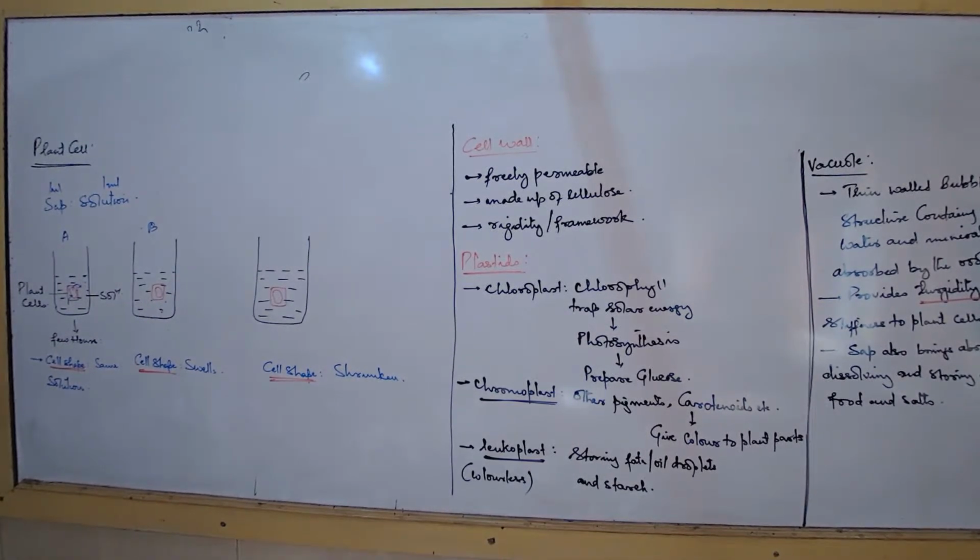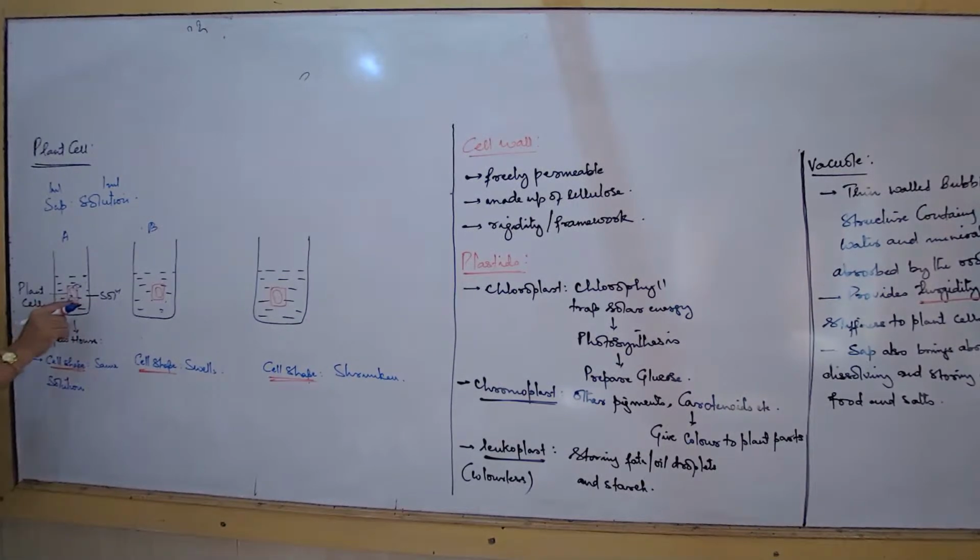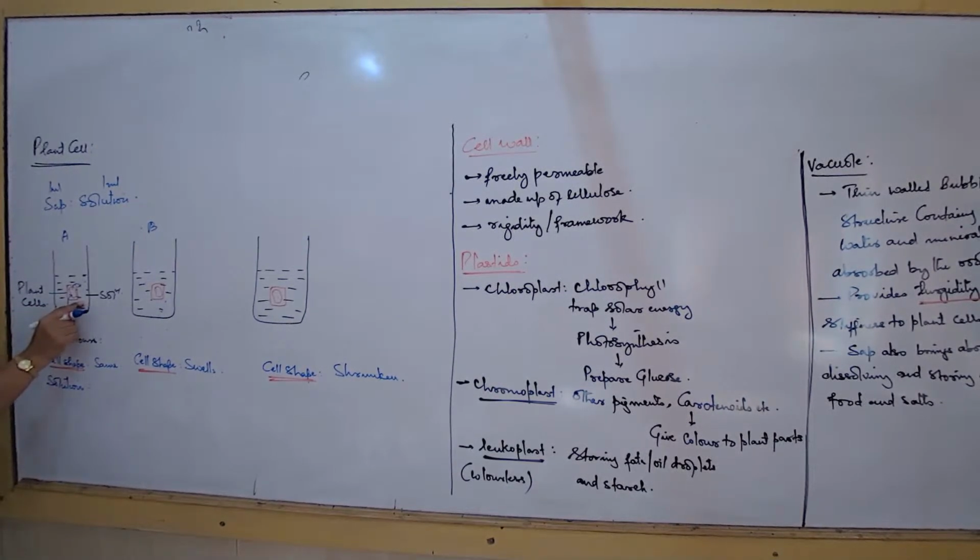So as the scientists have compared, whenever they have compared one volume of this and equal volume of this, they found that the amount of solute in the 1 volume solution of this and the 1 volume sap is equal. So 1 volume of sap and 1 volume of solution has the same amount of solute, same amount of water.